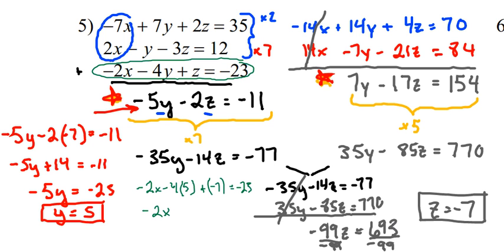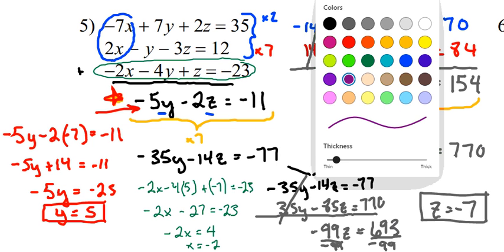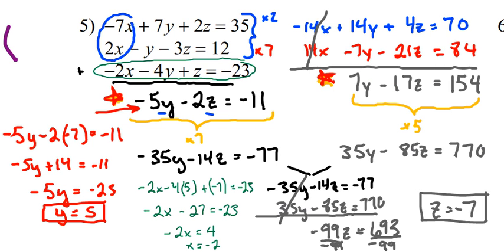Negative 2x, that's negative 20 minus 7, negative 27, equals negative 23. Negative 2x is equal to 4, x equals negative 2. So again, you write your final answer this time as an ordered triple. It's 3 variables. So x, negative 2, comma y, 5, comma z, negative 7. And that's your solution.